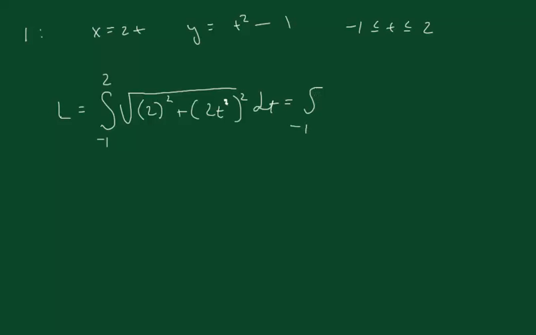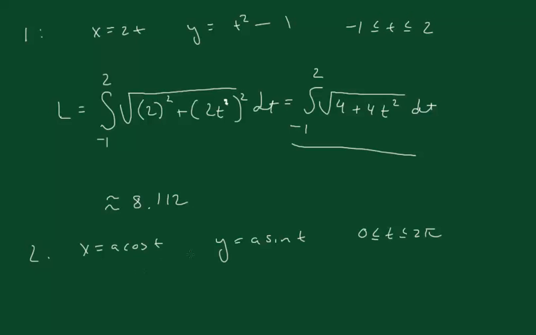Simplifying that, we have the integral from -1 to 2 of the square root of 4 plus 4t squared dt. Even though I think you should be able to integrate this right now, it requires a trigonometric substitution, which I'm not going to spend the time doing. So then the answer comes out to be 8 something, maybe 112, something like that, and that was evaluated in a calculator.